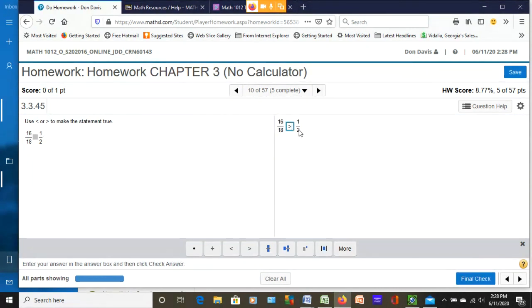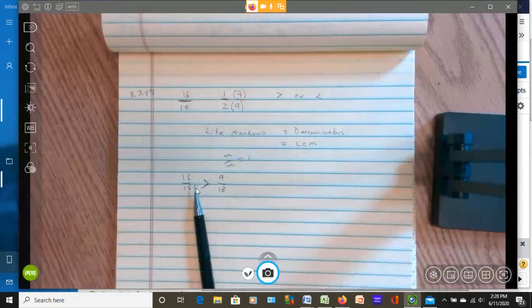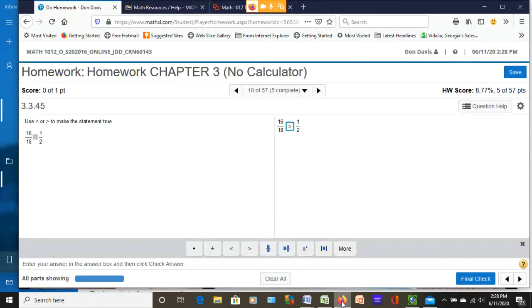Now notice they just left it the way it was, but in order to make this determination, we had to actually convert these to like fractions so that we had a basis for making the decision. So the basis for the decision was not the fact that 16 was greater than 1 and 18 was greater than 2.